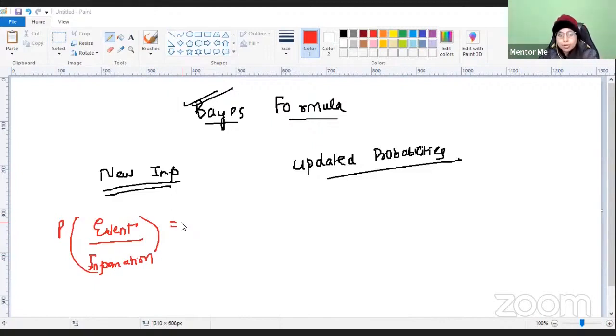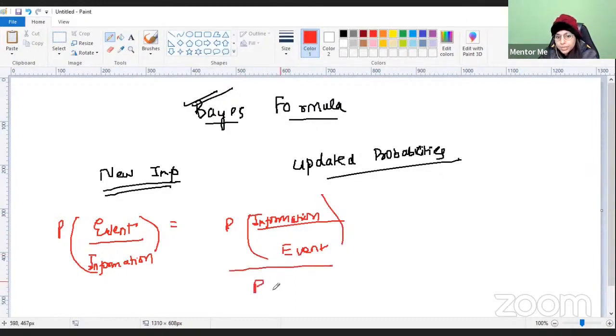And as per the Bayes formula, what we need to do is we need to take the probability of the information given the event, and we need to divide this whole thing by the probability of information, and then multiply it with the probability of event, okay.